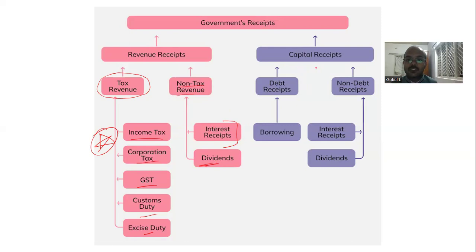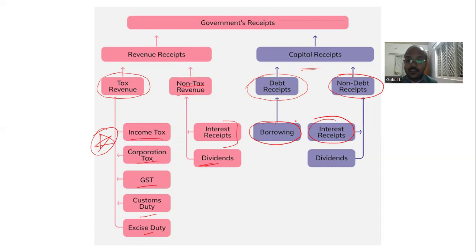Next, capital receipts. Capital receipts are of two types: debt creating receipts. Debt creating means it is creating a liability. For example, you are borrowing a certain amount from other countries, and that is debt created. That is an example of capital receipts, especially debt receipts. On the other hand, you have non-debt receipts. What is that? Interest received. You are earning interest.